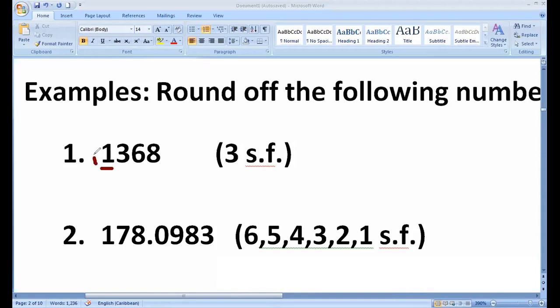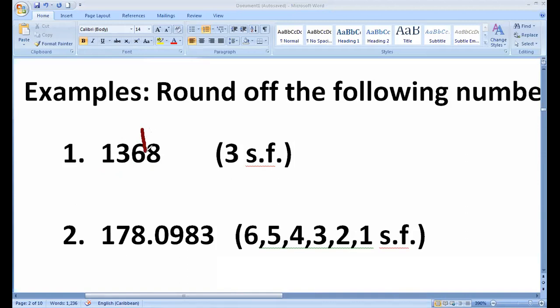So it says 0, 1, 2, 3. All right. So the third significant figure is what, class? It's 6. Right. So 0, 1, 2, 3.